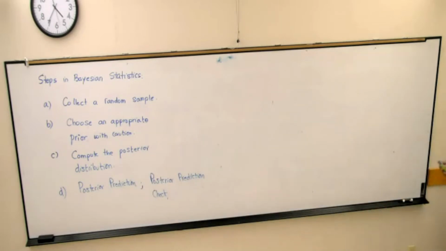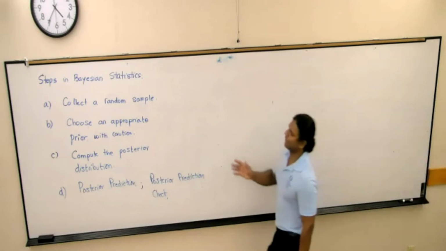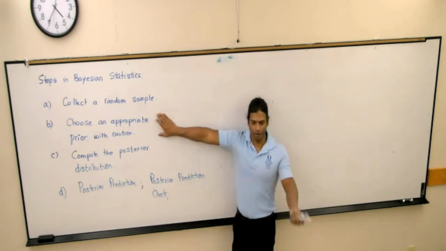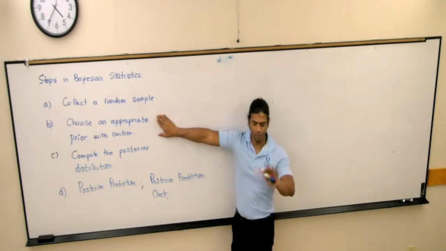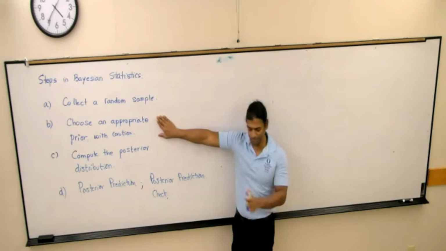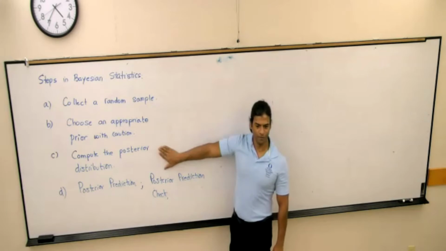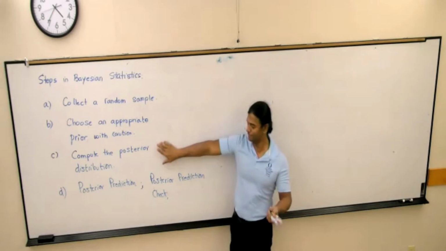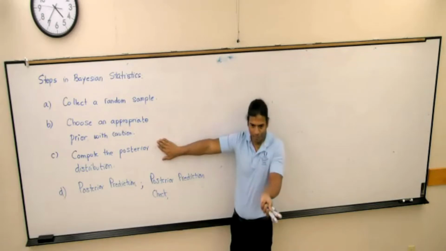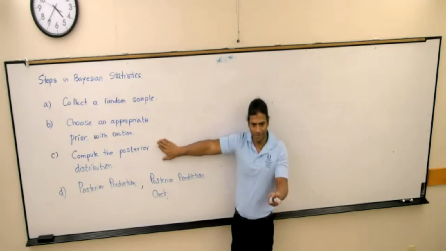Now, if we did not have a prior at all, in other words, multiplying by one random sample will result in a posterior distribution, which is simply equal to the likelihood, correct?